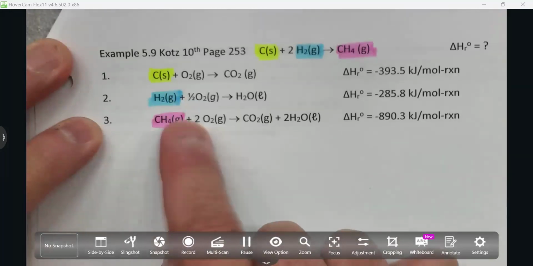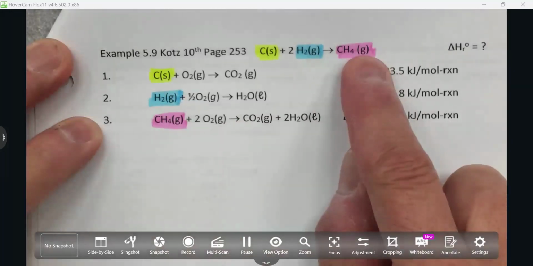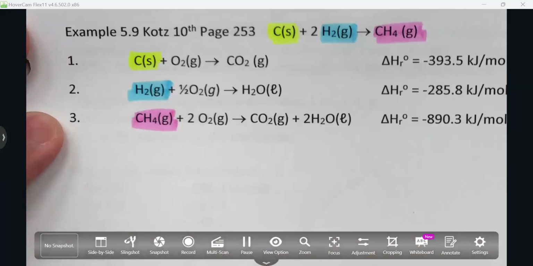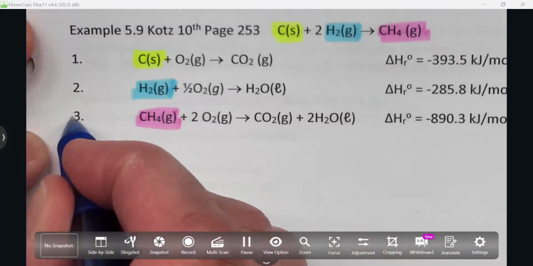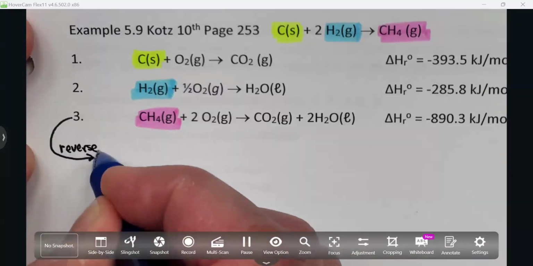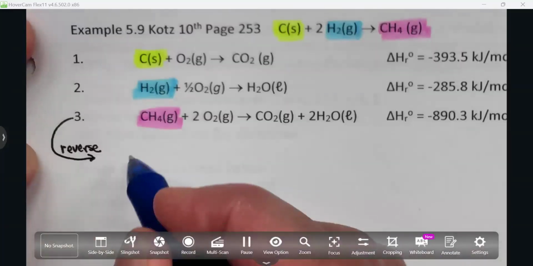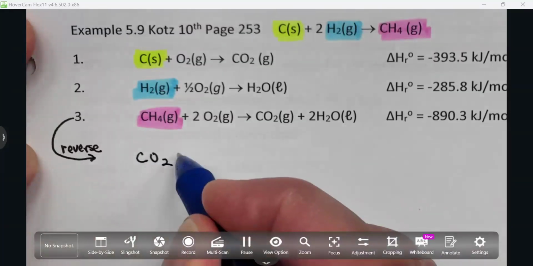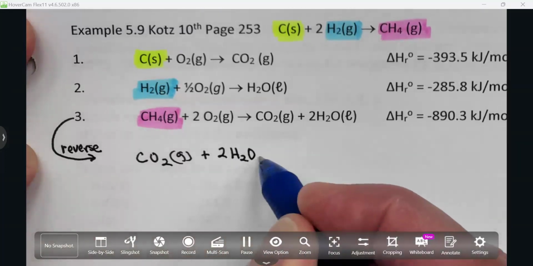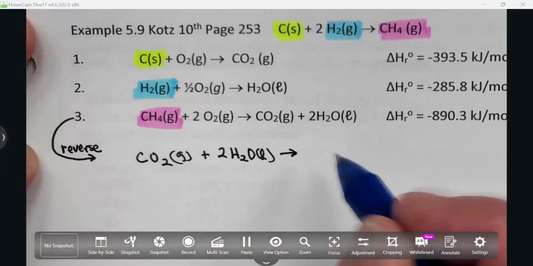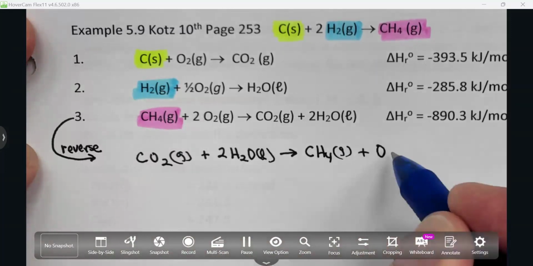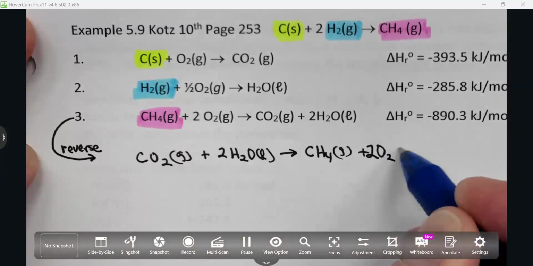We're going to reverse number 3 right away. Get this CH4 on the product side. We're not going to multiply it because it's just a 1 there, right? So we're going to reverse this reaction. So we're going to end up with CO2 gas plus 2 H2O liquid gets us CH4 gas, ooh, plus 2 O2 gas.